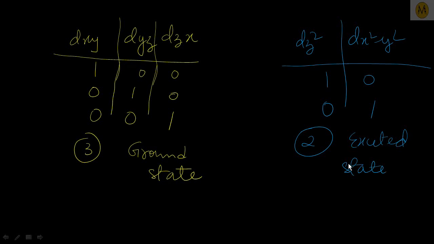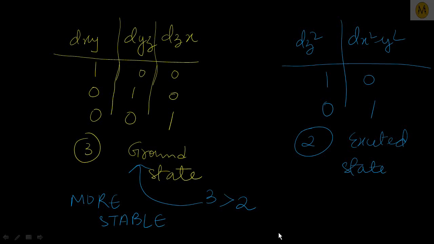So we can now say that 3 is greater than 2. So this is more stable. This one is less stable. The ground state has less energy.